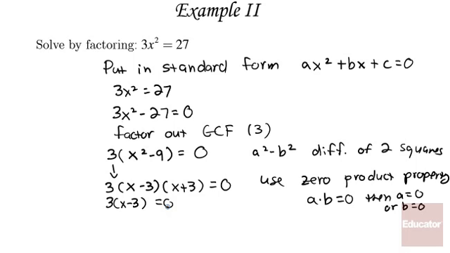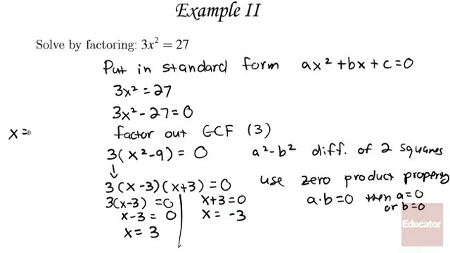And if I divide 0 divided by 3, I'm just going to get x minus 3 equals 0, or x equals 3. So that's one solution. The other solution is going to be x plus 3 equals 0, using the zero product rule. And that tells me that x equals negative 3. So my two solutions are that x equals 3 and x equals negative 3. These are my two solutions for this quadratic equation.